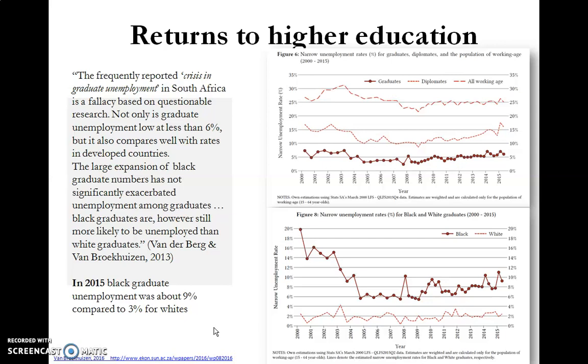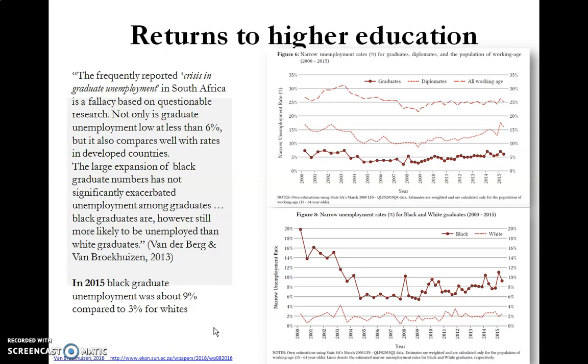So in South Africa, it is still beneficial to attain higher education.